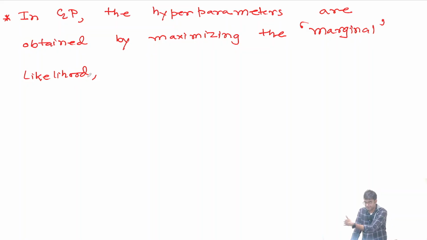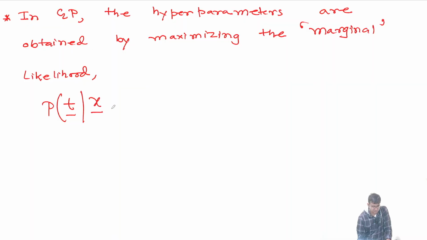Obviously, comma theta will also come into the picture, right? So probability of t given x comma theta. It is not theta k, it is theta.